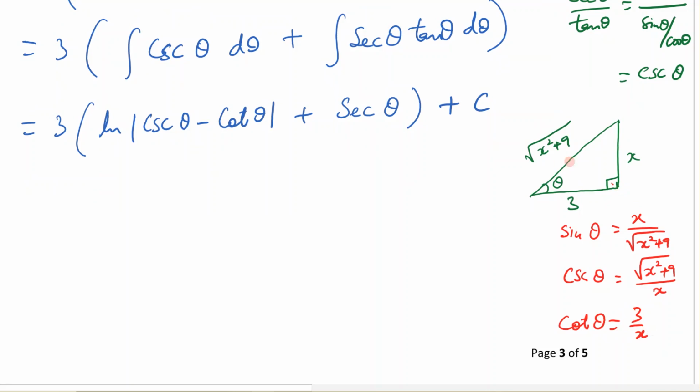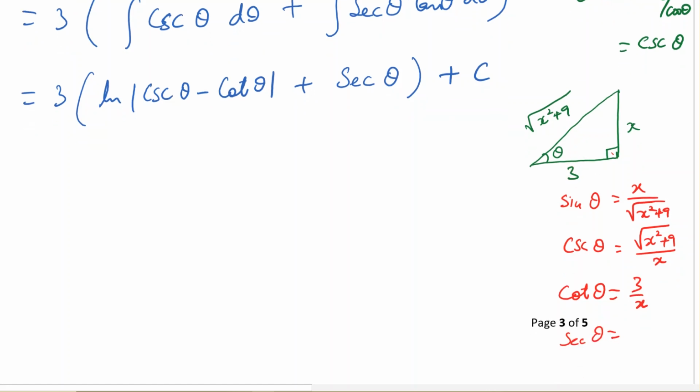And secant theta would be the reciprocal of cosine, so secant theta would be square root of x squared plus 9 over 3. So you get all these values using your triangle information, and we plug in here.